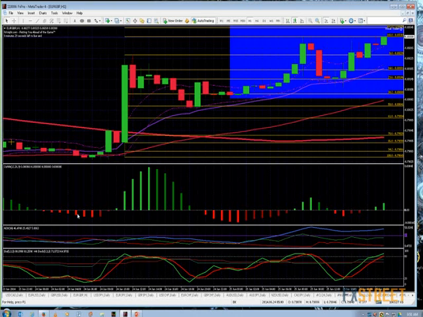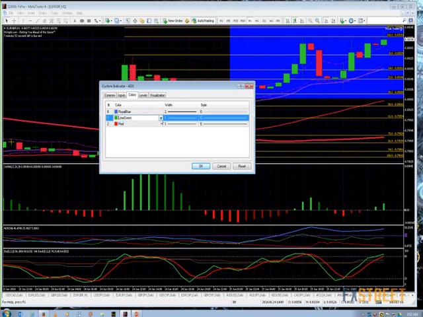When the red is over the green, I'm posting red bars. When they get wider apart, the bars get bigger. When they get closer together, the bars get smaller. ADX, being a momentum indicator, is going to show me the same exact thing as OSMA, just displayed in a different way. But I find this easier to read than this. So yeah, using all the lines, you are correct. It's a momentum-based indicator.